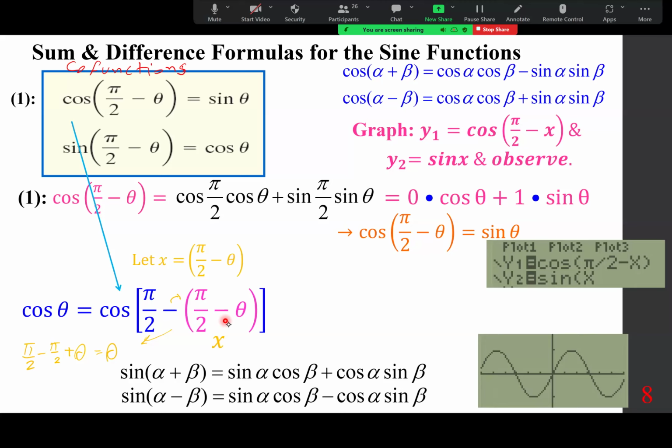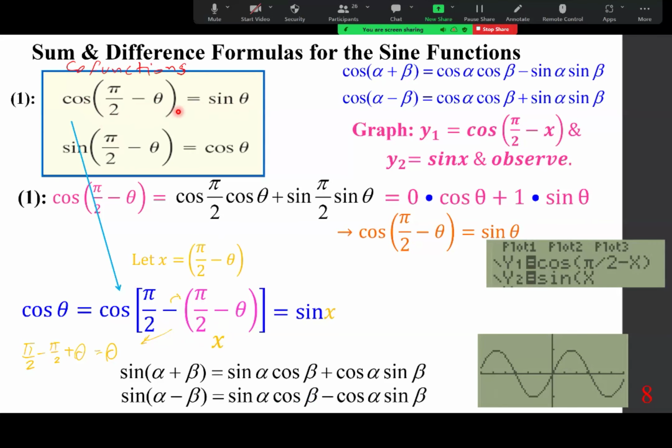So if we go back to this formula, cosine of pi over 2 minus theta is sine theta. So cosine of pi over 2 minus x must be sine x. I hope everybody's following that. One more time, we are saying this is cosine of pi over 2 minus x.